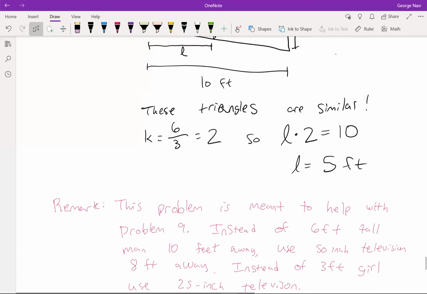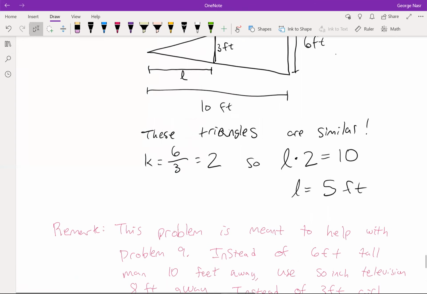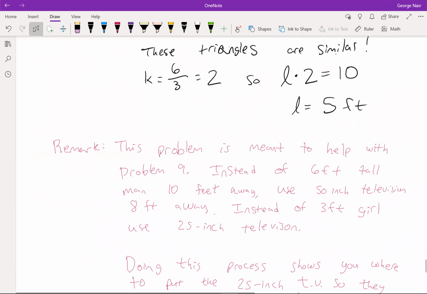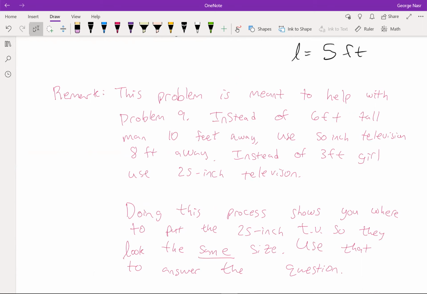But basically, instead of a 3-foot tall girl and a 6-foot tall man, you have a 25-inch and a 50-inch television. And the problem gives you arbitrary distances for how far away the 25-inch TV is and how far away the 50-inch TV is. So it's a different problem.